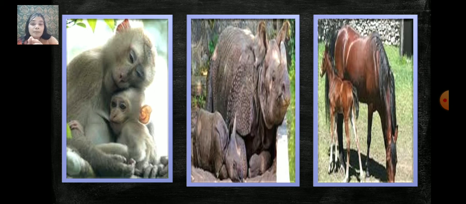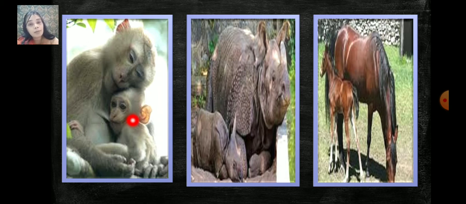Human babies can't do anything. In the same way animal babies are also so weak and helpless. Some of them cannot even walk, run or eat, because they are just born.